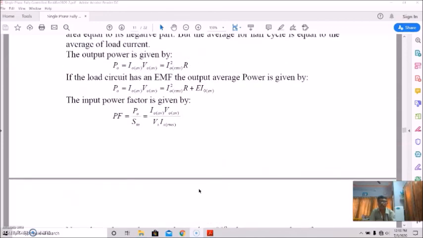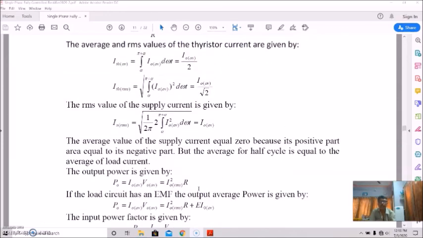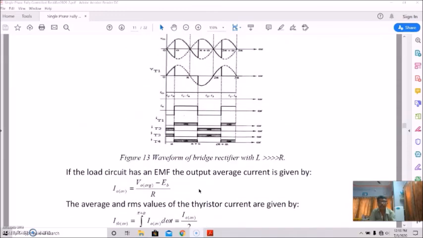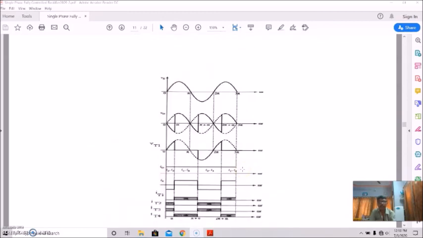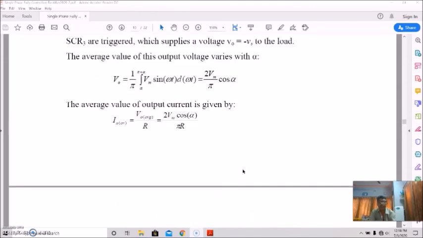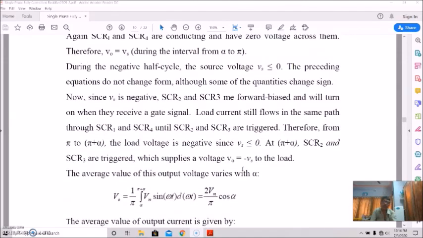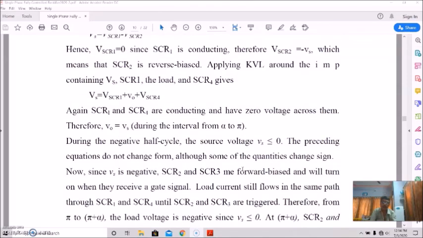So that's about the discussion of the single phase bridge rectifier with RL load, and from this discussion we are getting 2 points. If L is low, what will be the waveform and what will be the output voltage and current patterns, and that means for a larger delay angle what should be the effect on the output voltage and current.